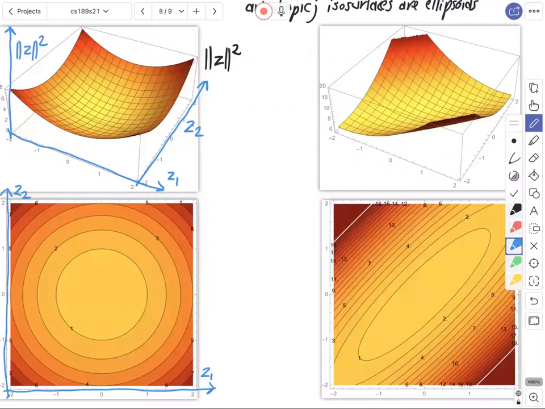Same thing's happening on the right, so I won't draw those axes again, but the function on the right is A to the minus 1 x squared.